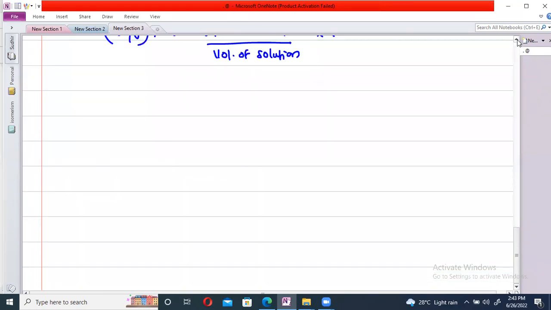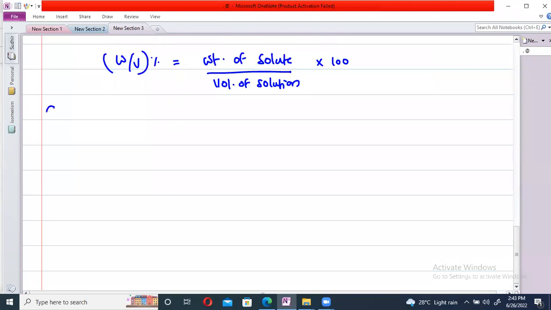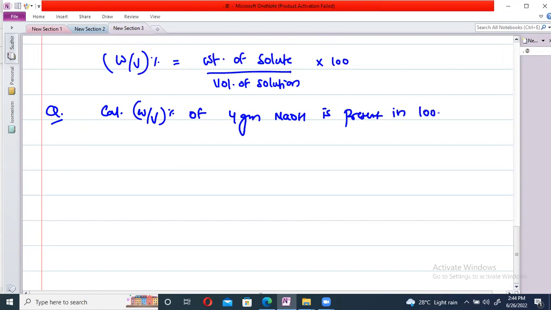Let's look at one example. The question was: calculate W by V percent if 4 gram NaOH is present in 100 ml of solution.